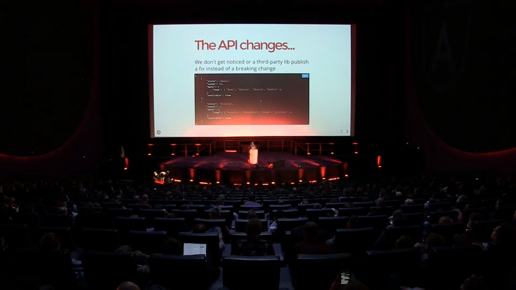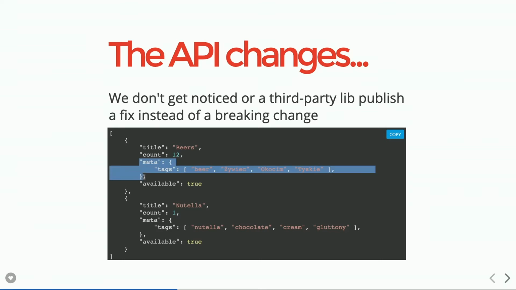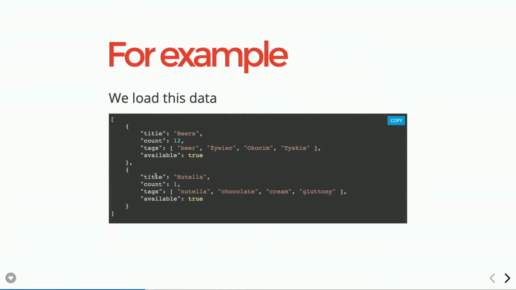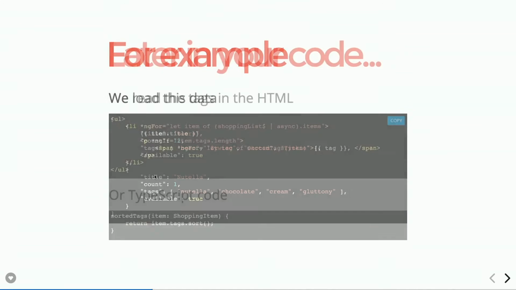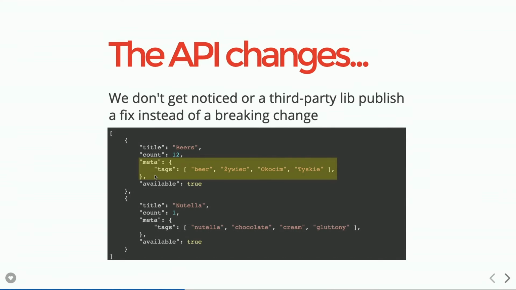Then the API changes, and the developer just changes this to meta tags instead of tags. And then you just have a problem, right? Because this changed and you didn't know.